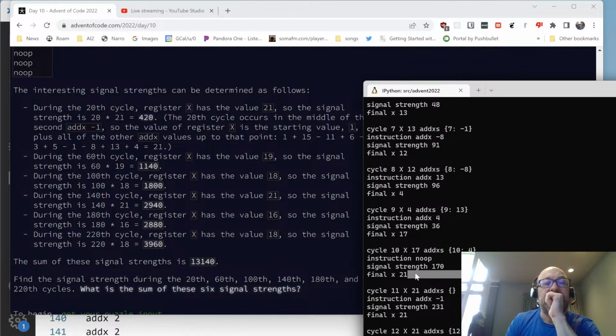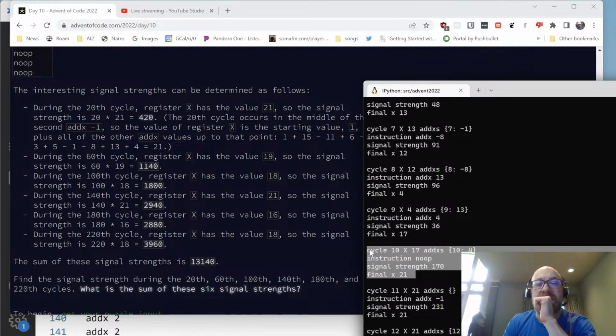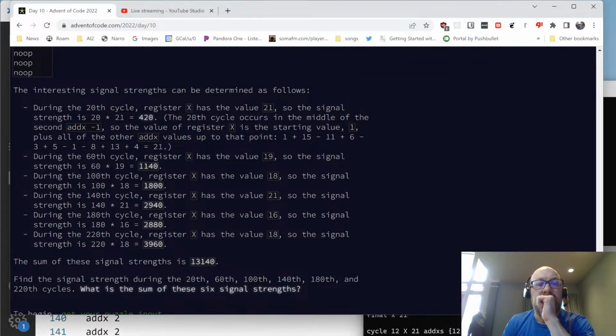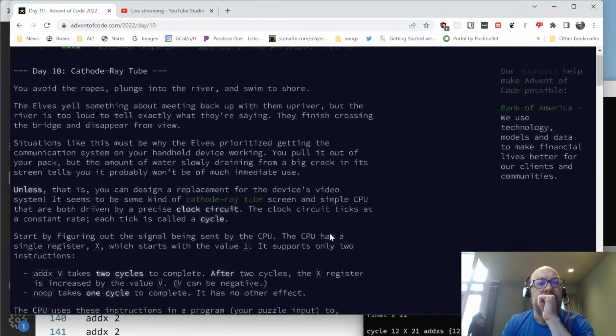During the 20th cycle, so why am I calling this the 10th cycle? Somehow I'm counting cycles wrong.